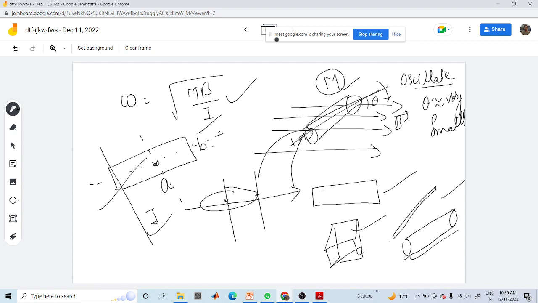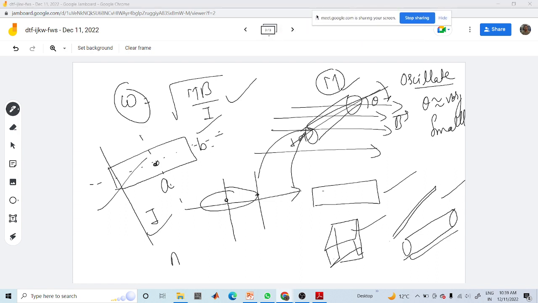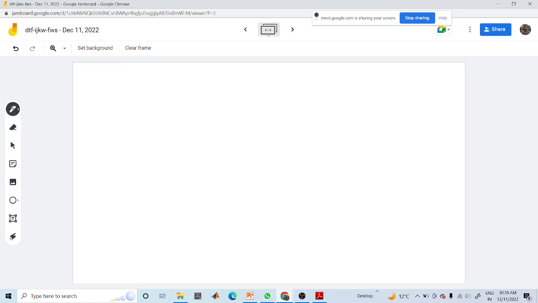So if you know the moment of inertia of this object which is producing the magnetic dipole moment, and it is oscillating in SHM, then we can calculate the angular frequency. What is the frequency of this oscillation? I want to describe some more things so that you understand very clearly.